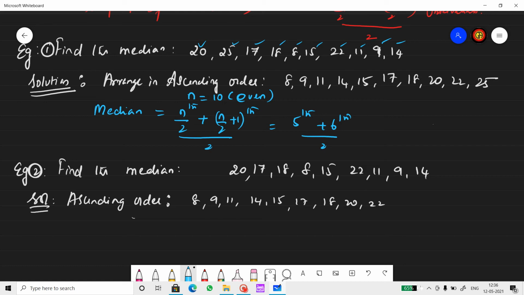Now in this arranged data, find out which one is 5th: 1, 2, 3, 4, 5, and the 6th is this. Now 15 plus 17 by 2, that means 32 by 2, isn't it? That's going to be our median value.